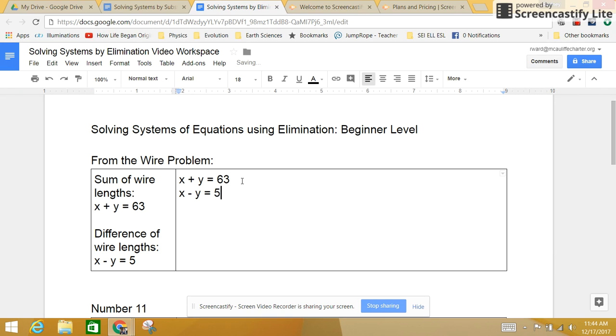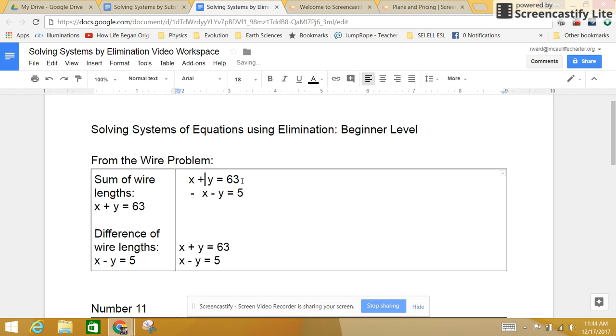Now, the nice thing about this situation is I can use the elimination method either way and not have to do any substituting. So the first step is I'm going to subtract first.